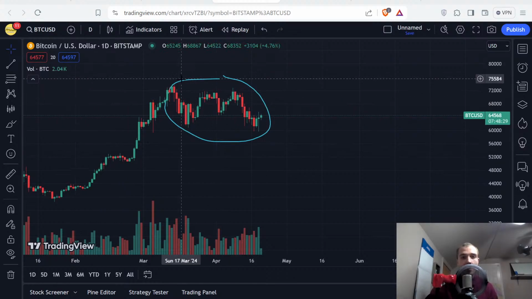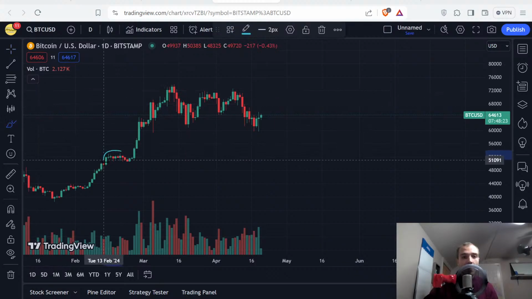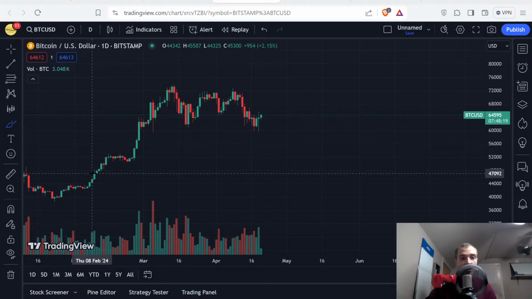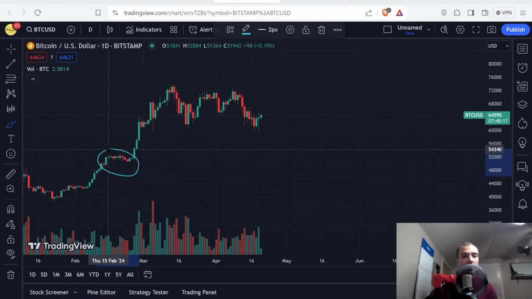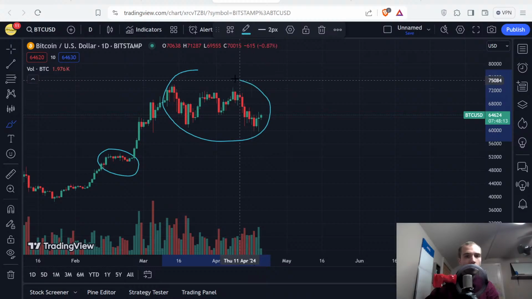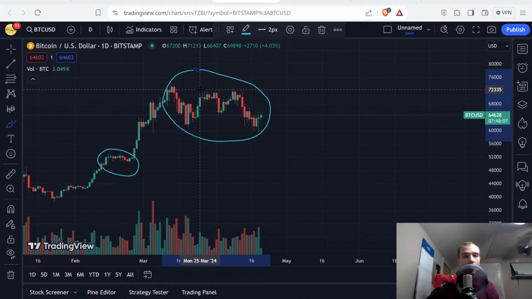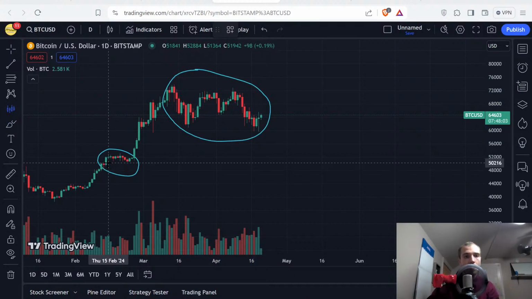And I think that this move that we're seeing right now is a bigger version of what we saw right here, right? Along the way up, you have to have consolidation. You have to have pullbacks. You have to have corrections. And so this move right here is a smaller version of this bigger move right here, or vice versa, depending on how you want to look at it, right?